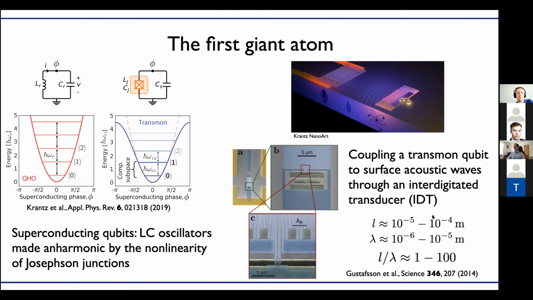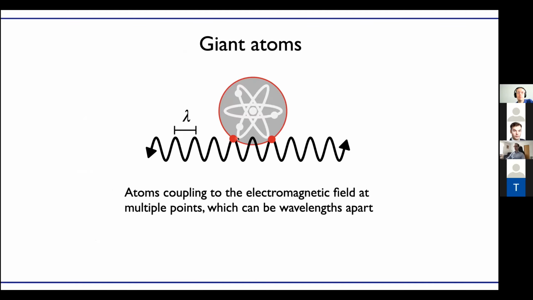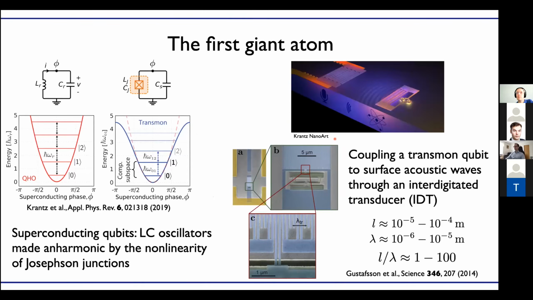The wavelength is around a micrometer, and the extent of the qubit is 15 micrometers or so. So you are coupling at many points. Each of these fingers couples at one point to the field, and these points are a quarter of a wavelength apart.